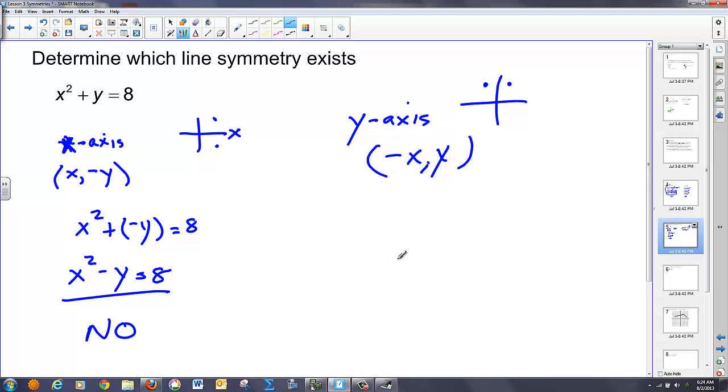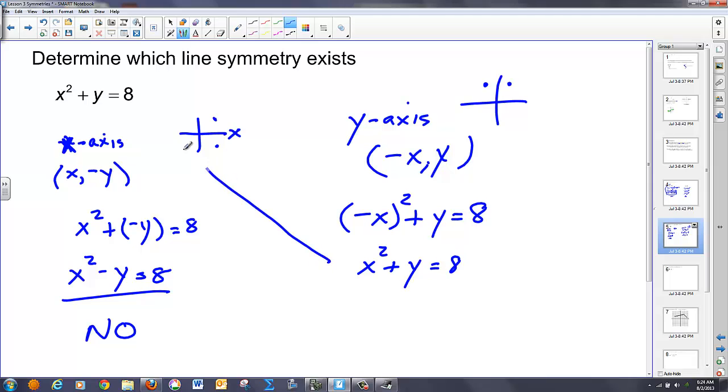So that's the check that I want to make, and I'll substitute a negative x in for x, a y in for y, and hope that I get my same initial equation back. Negative x squared is just x squared plus y equals 8. And you'll notice that's the exact same as the original equation. So yes, this is y-axis symmetric.